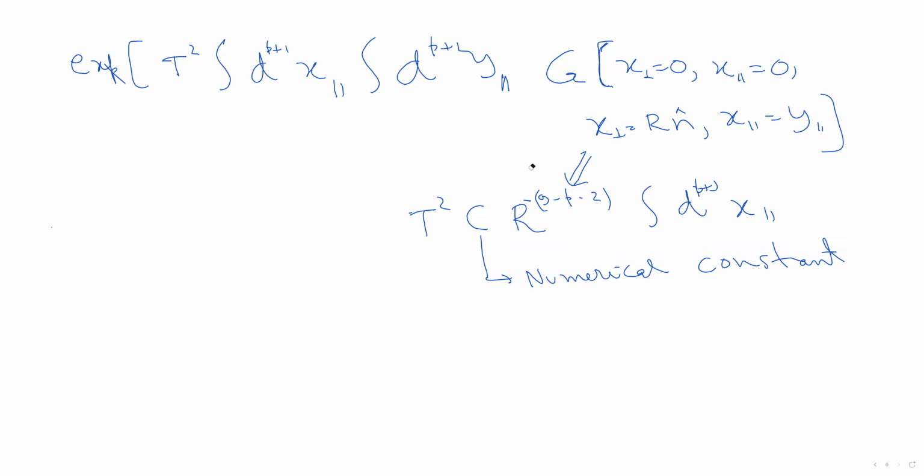You have a separate contribution from NS-NS and a separate contribution from RR, and you have to extract these contributions separately from the calculation. Is this clear? So this tells you how to calculate the interaction energy using the closed string channel. Think of the interaction energy as coming from the exchange of closed strings between 2 D-branes.